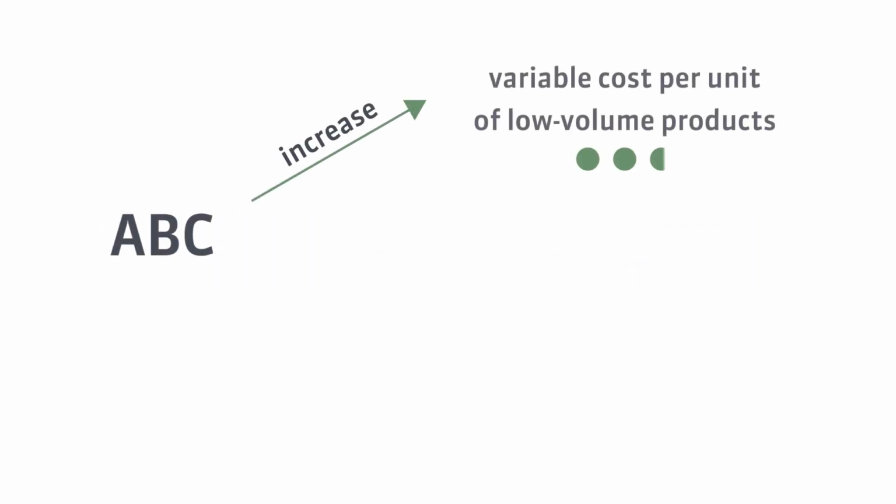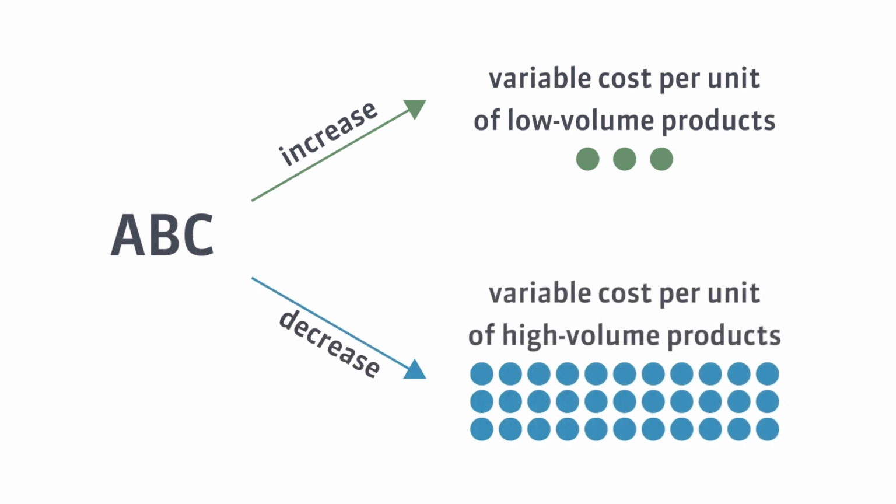Assigning overhead using ABC will usually increase the variable cost per unit for low volume products as compared to a traditional overhead allocation. In short, ABC divides costs differently across different products. Let's see what this change looks like.